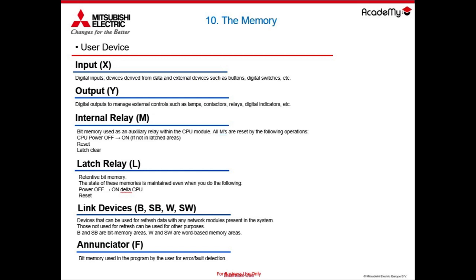So, for example, in a TSN network, if we had to read bits and words from a TSN slave, we could use B for bit devices and W for information about 16-bit registers.